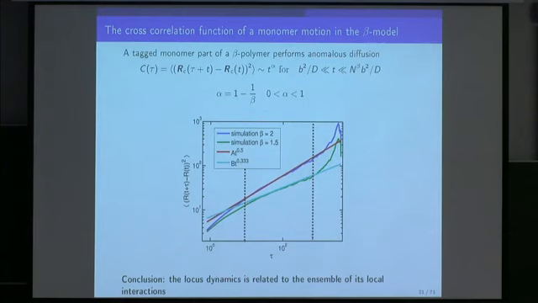We get again the 0.5 that we have for the Rouse polymer, but when beta, for example, is equal to 1.5, we get an anomalous exponent equal to 0.33, which is what you see here. So what we have here is a relation between the observed anomalous exponent of a tagged monomer and the structure parameter beta describing the interactions in the proximity of our observed locus.